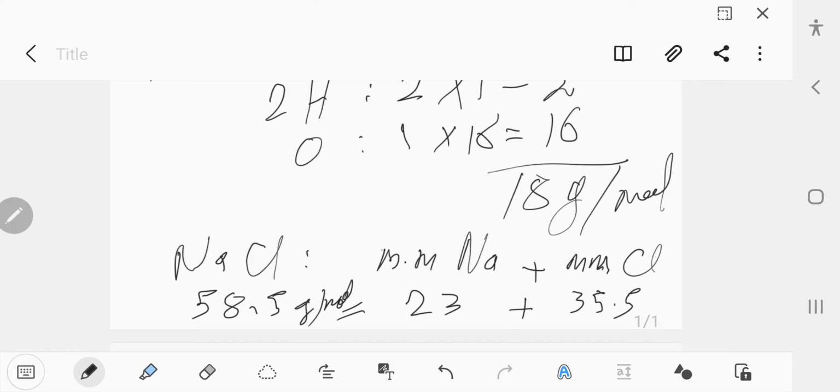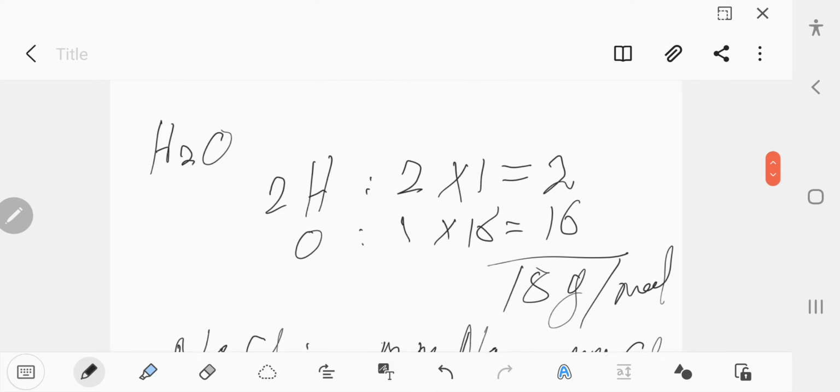So when we talk about molar mass for an element, we are talking about the total mass for this element. If it is a metal, for example, which is found in nature in the form of individual atoms, the molar mass will be just the number from the periodic table. If we are talking about diatomic molecules like Cl2, N2, H2, F2, the molar mass will be the number from the periodic table times 2.